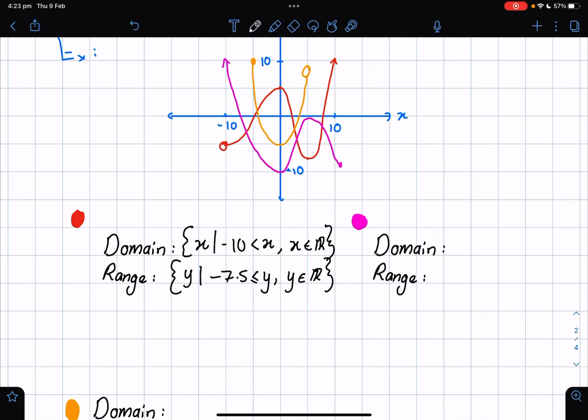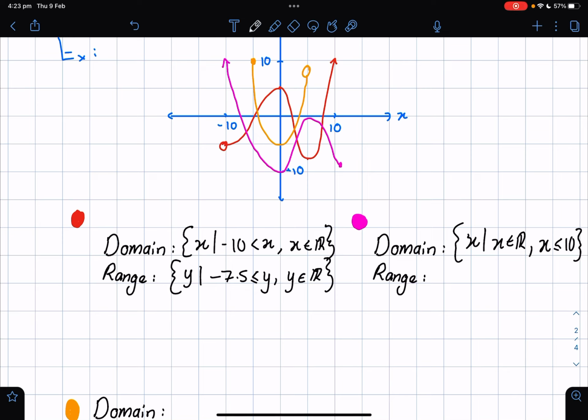Okay, for our pink one, our domain, so looking at our x values again, it looks like it goes off indefinitely this way, so x is in R, but then we look at the upper bound, and I haven't drawn this very well, but that's supposed to be at 10. So that means x is less than or equal to 10 because that is an inclusive point.